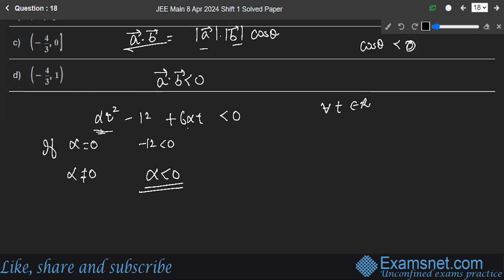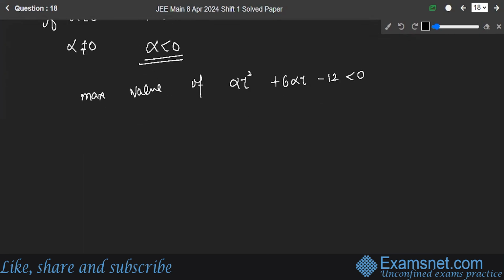It can't have a positive value, because that will give you a positive value, right? So alpha needs to be a negative value only. The maximum value of alpha t² - 6 alpha t + 12 should be less than 0.